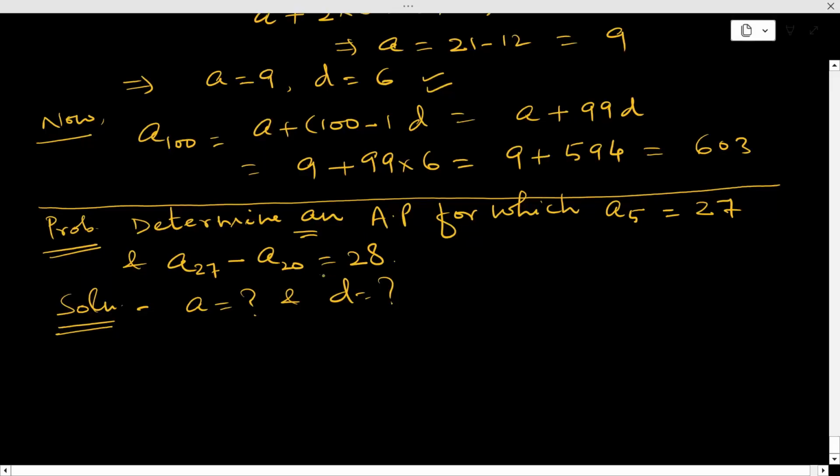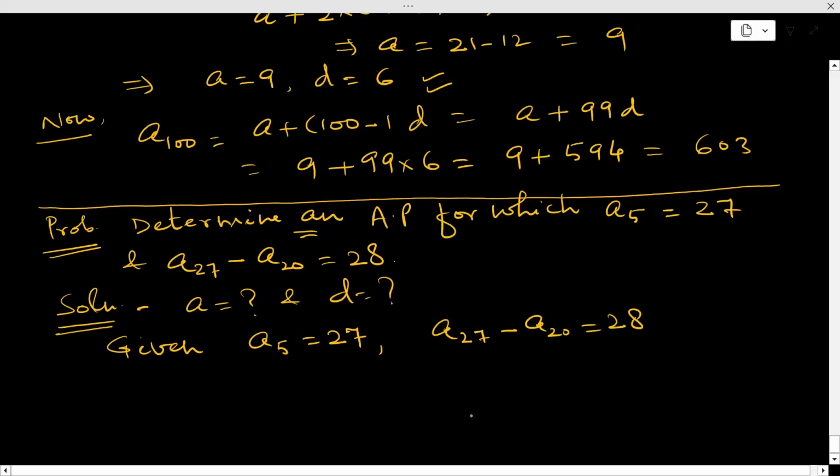We need at least two to determine two unknowns. So again we begin with the given information: A5 is equal to 27 and A27 minus A20 is equal to 28.